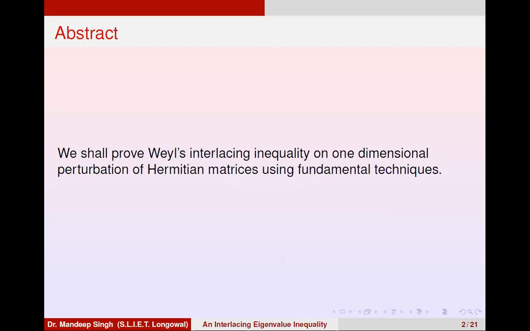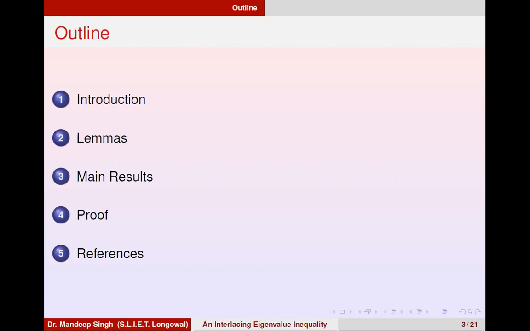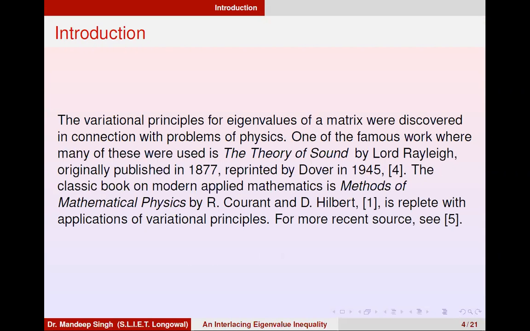Here we shall be proving the Weyl interlacing inequality on one-dimensional perturbation of Hermitian matrices using a fundamental technique. This is a problem of variational principles for eigenvalues. It was discovered in connection with problems of physics.